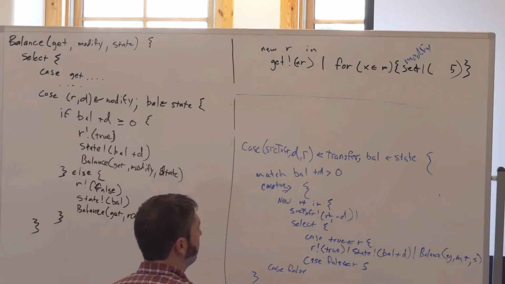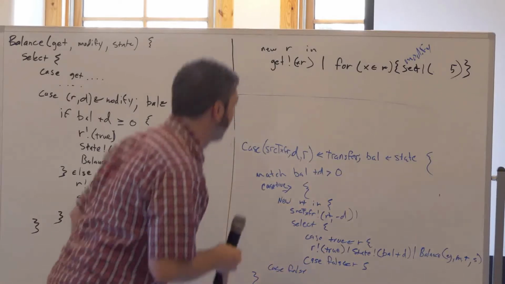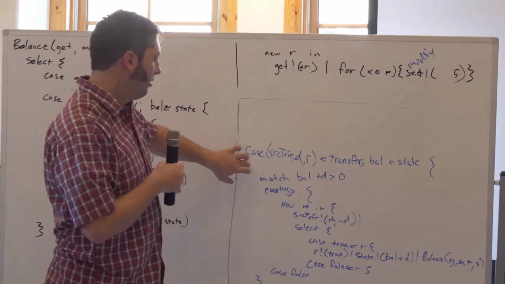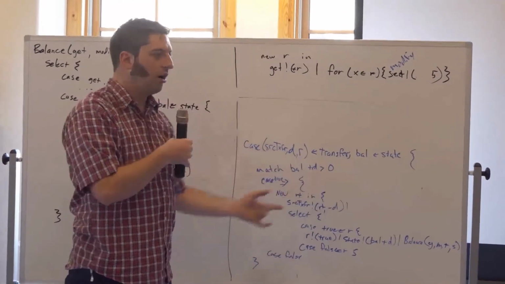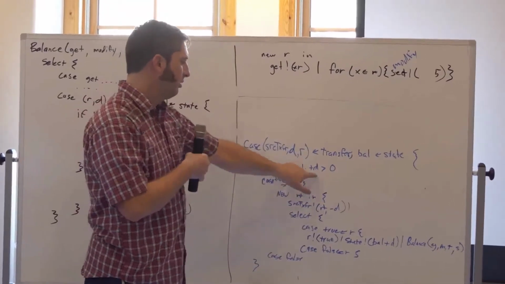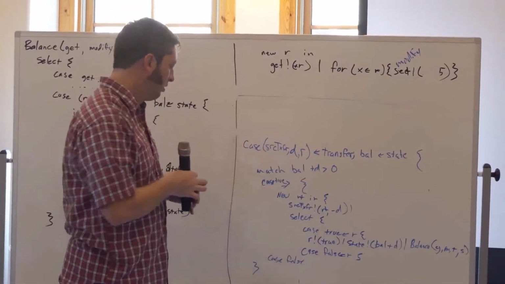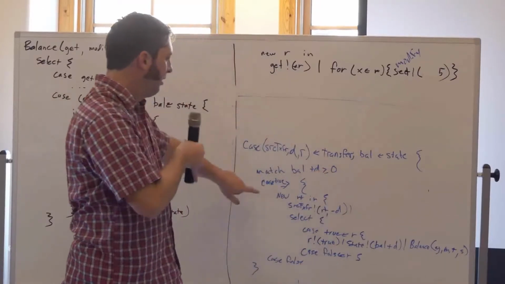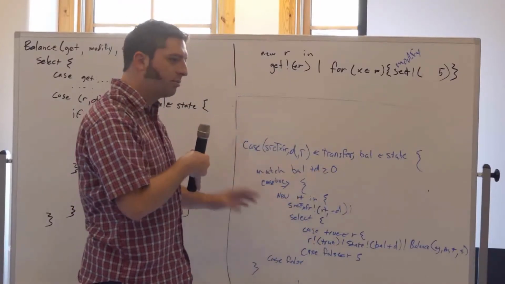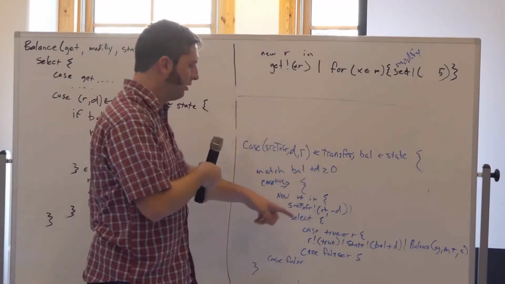So walk through what happens. What happens is we do the check. If our balance would not be decreased below 0, then we can go ahead and proceed with contacting the other wallet.